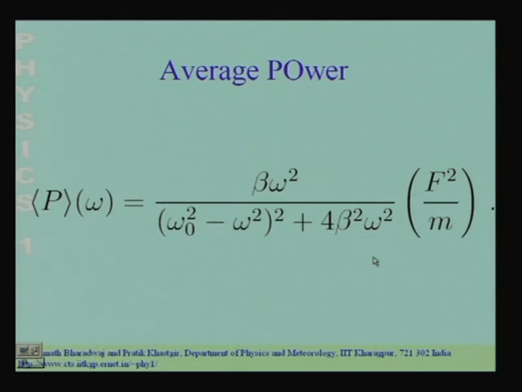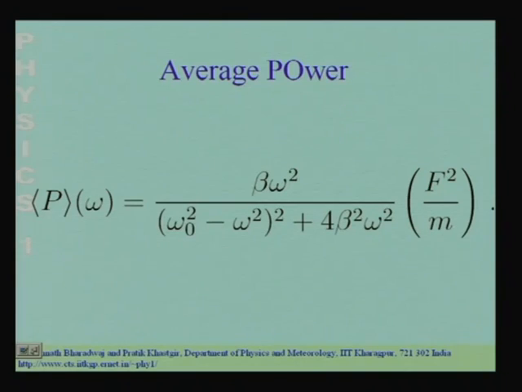This expression is a very important expression. Such an expression appears in a large variety of situations in physics. This expression is called a Lorentzian profile. So, such a function of angular frequency is called a Lorentzian profile, and in this case it tells you the power that is transmitted to the oscillator.